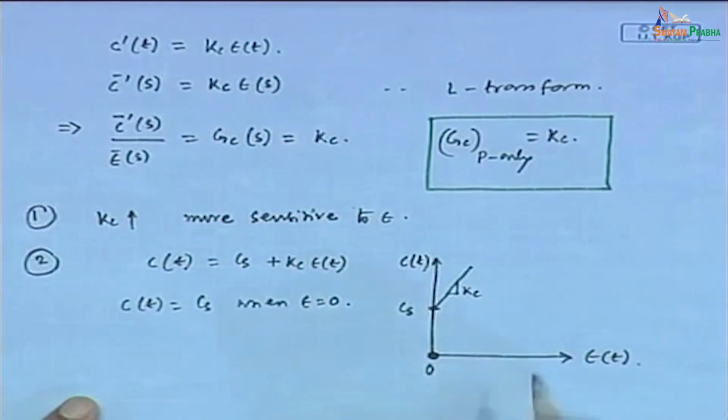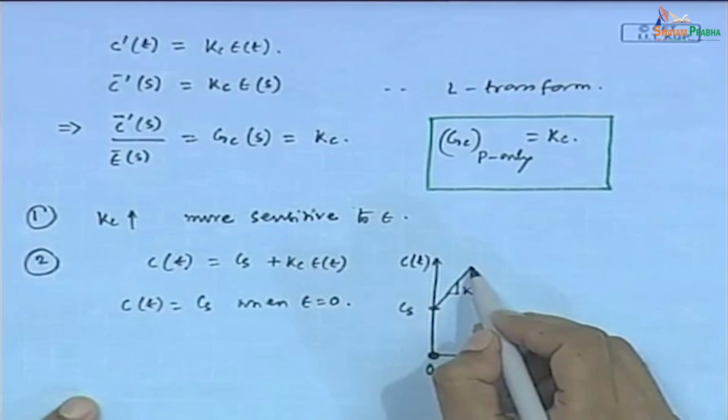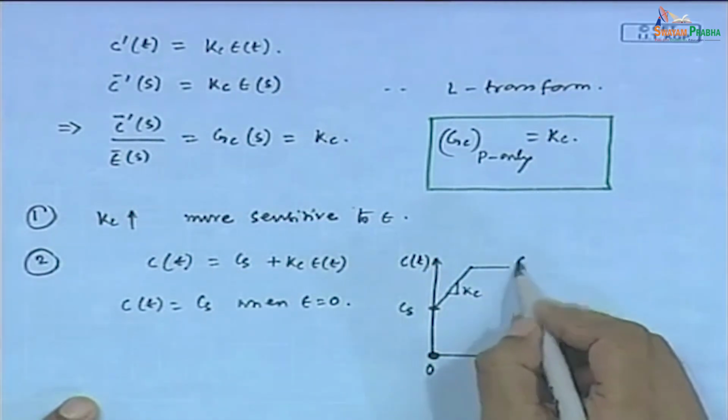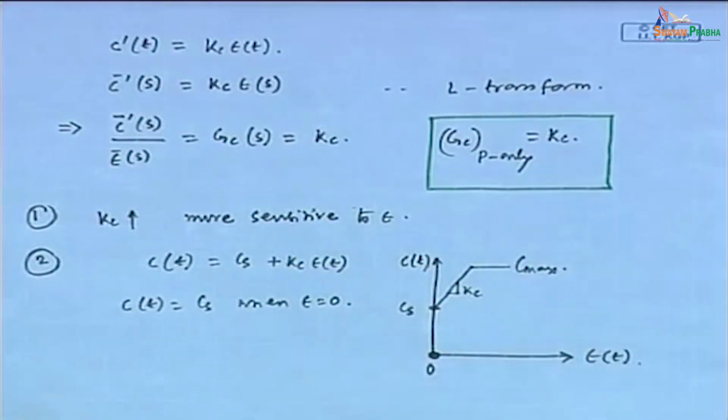And the last value of C is C max, maximum value of C. We cannot consider C as infinity. Due to some physical limitation of the final control element, we have to put constraints on C. So, the higher limit is C max and lower limit is C min.